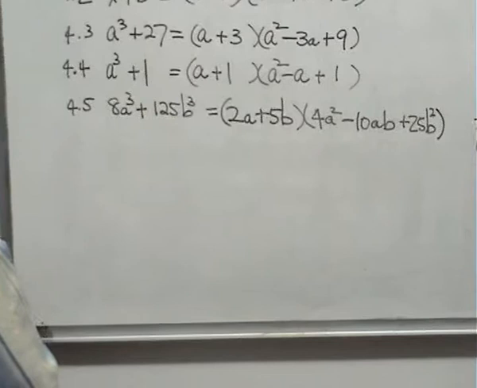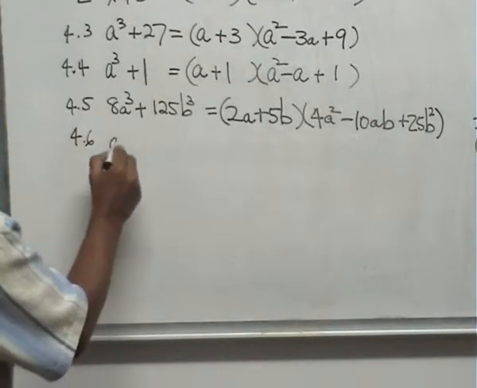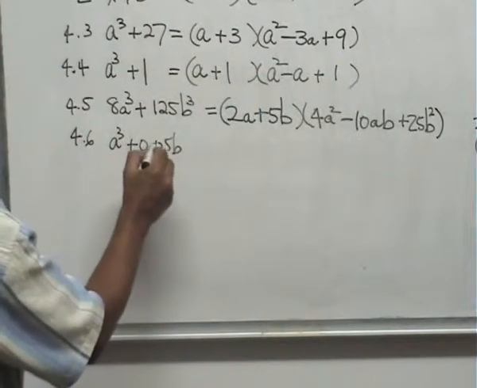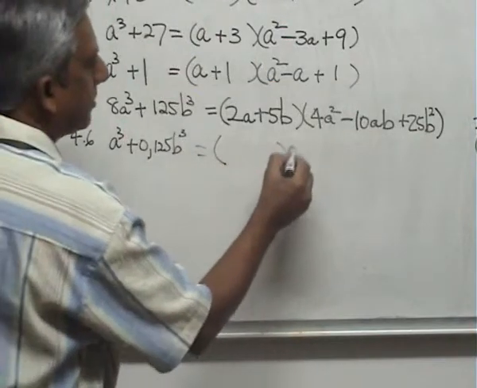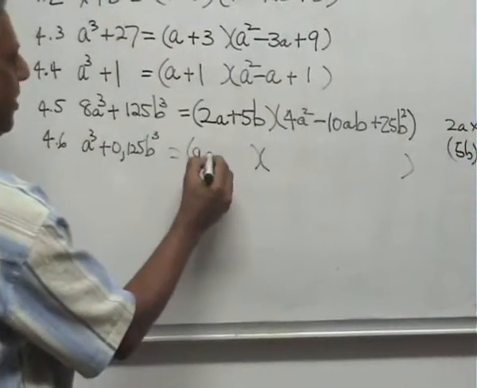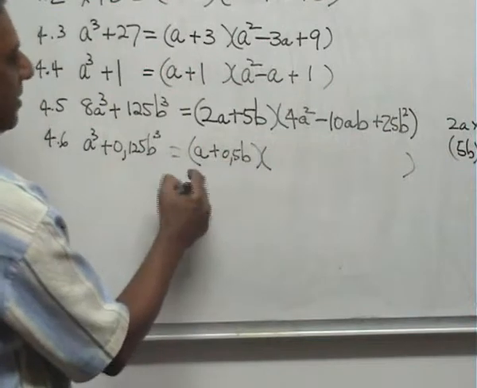Okay, so let's roll. 4.6. A cubed plus 0,125 b cubed. So that will be a plus 0,5b.